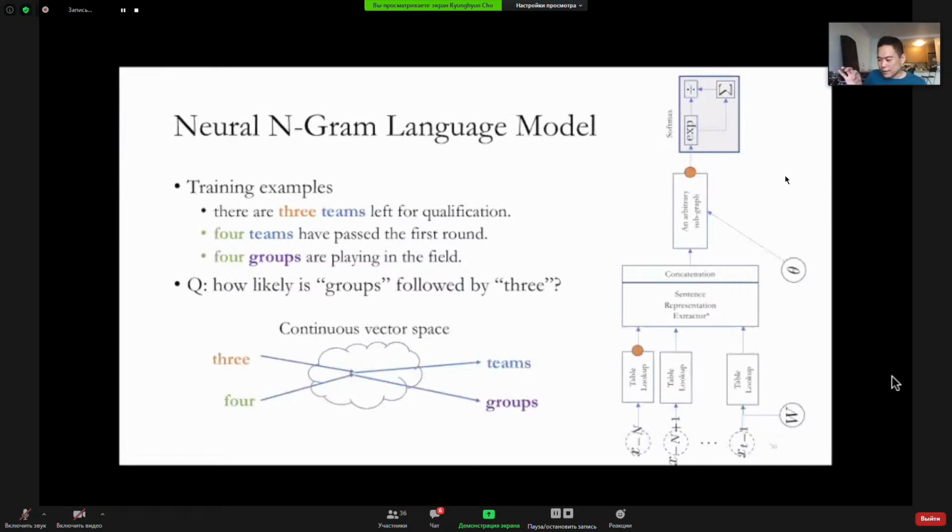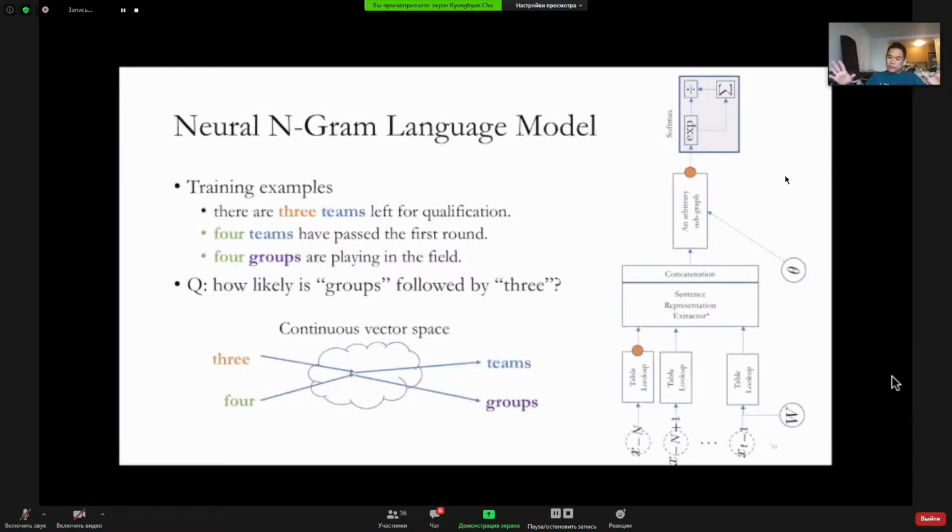Looking at this illustration, you notice that this neural net is going to tell us that the following 3 groups should have as high a chance as teams, because 3 and 4 were mapped to a similar point. From that similar point in this continuous space, you should be able to decode out a categorical distribution that has high probabilities assigned to both teams and groups.